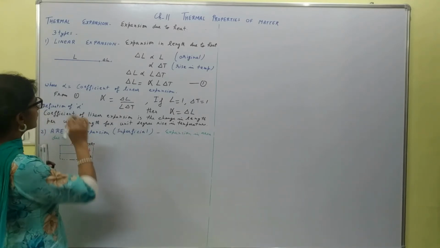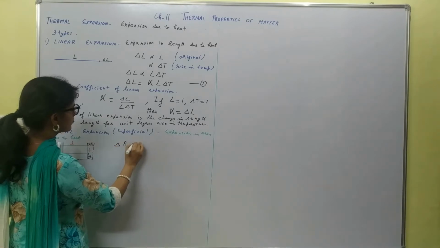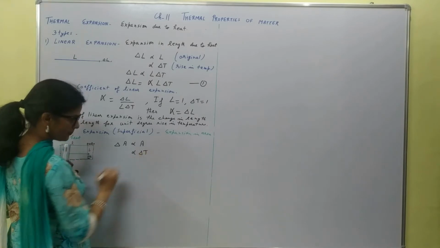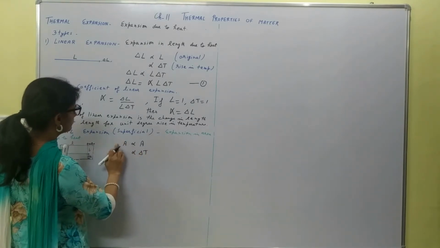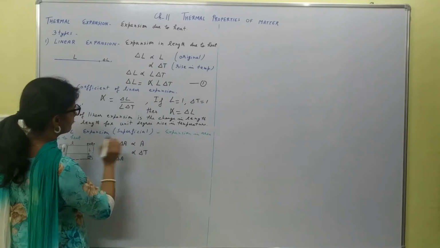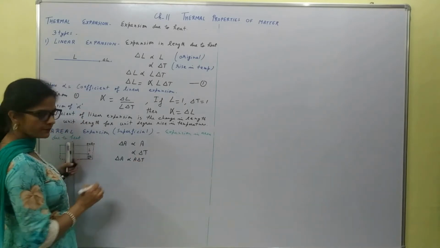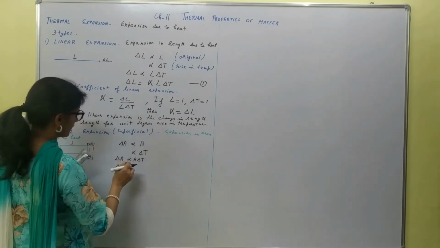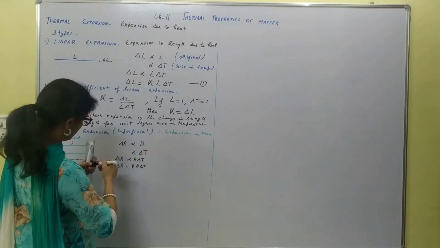Now this change in area is proportional to the original area. This is also proportional to the change in temperature. So on combining these, we can write it like this. On removing the proportionality sign, we can write down like this.